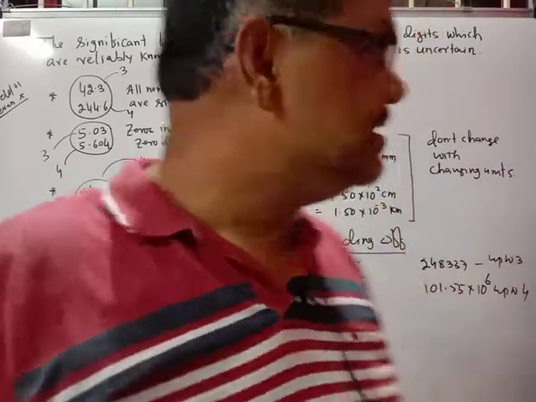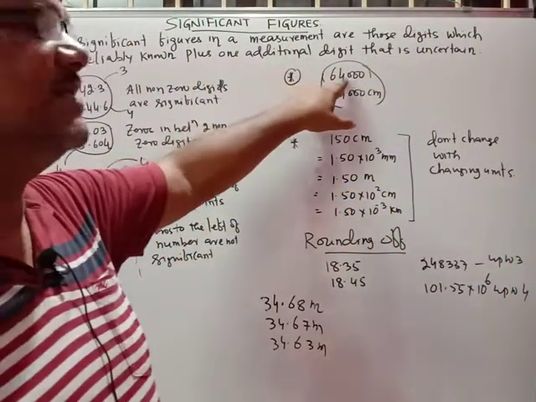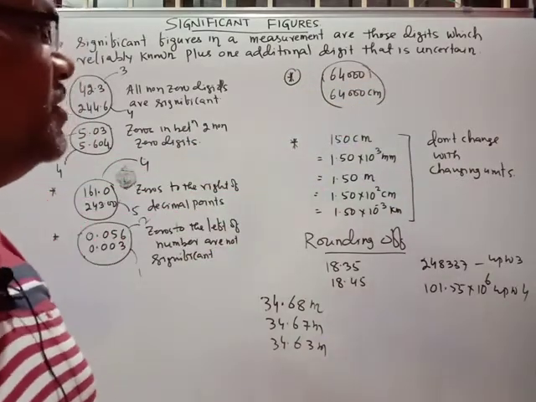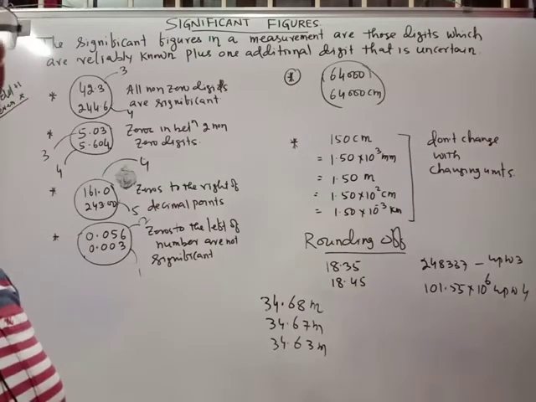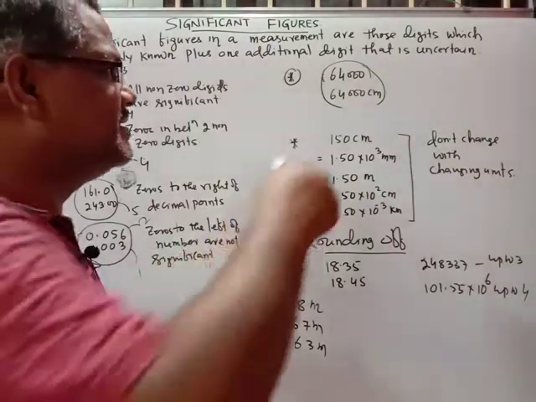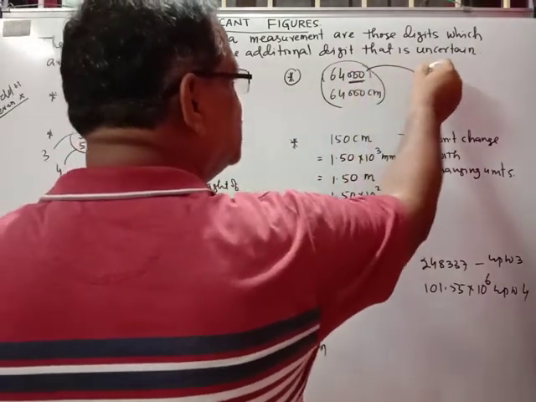Another case: suppose you find 64,000. The zeros to the right of the non-zero digits are not significant, so here the number of significant figures is 2.